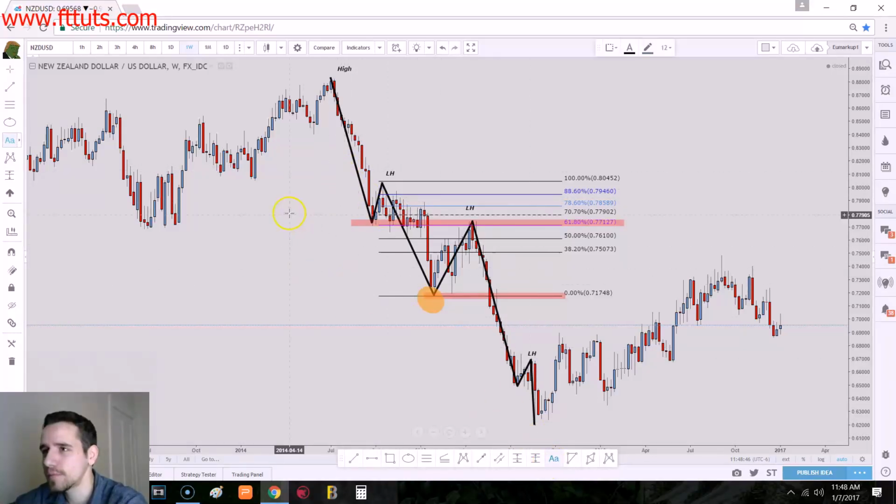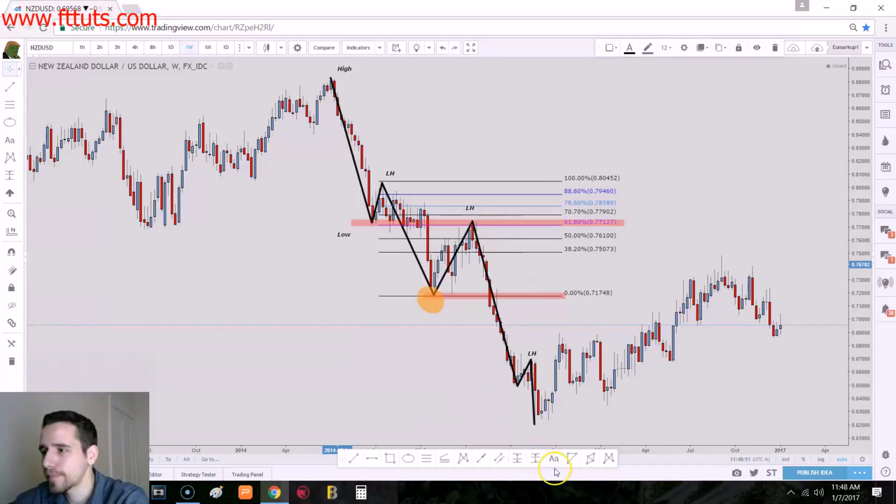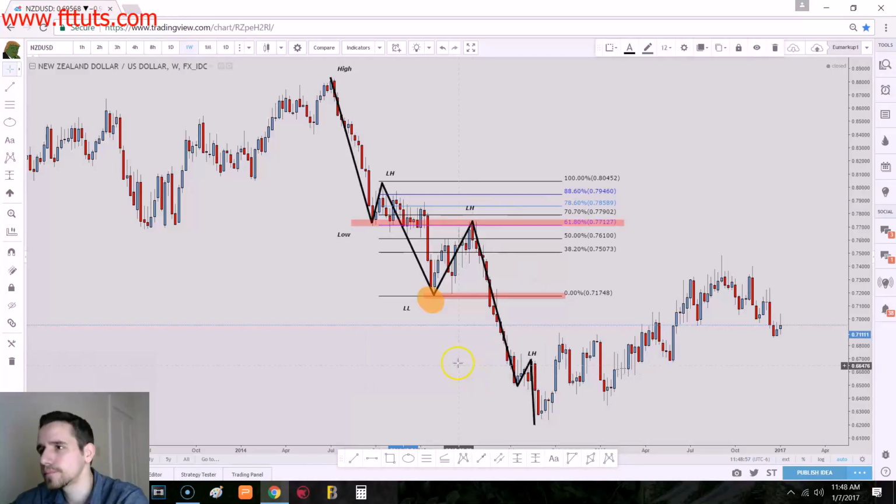So let me actually label this part. So low, lower low, I'll put lower low, LL. Lower low right here. Broke this low, lower low, come back lower high, and then it peaked out right here.